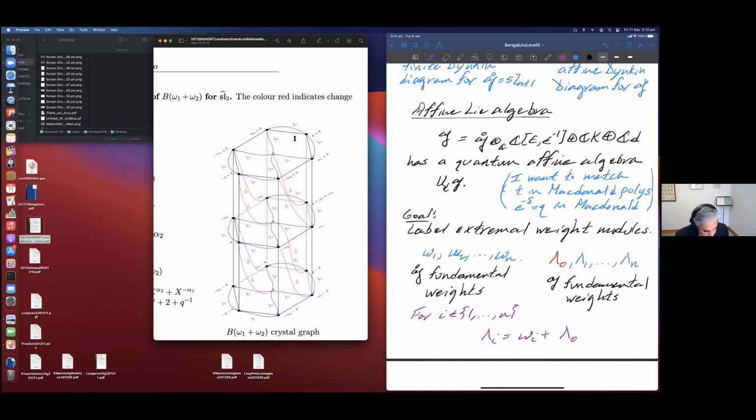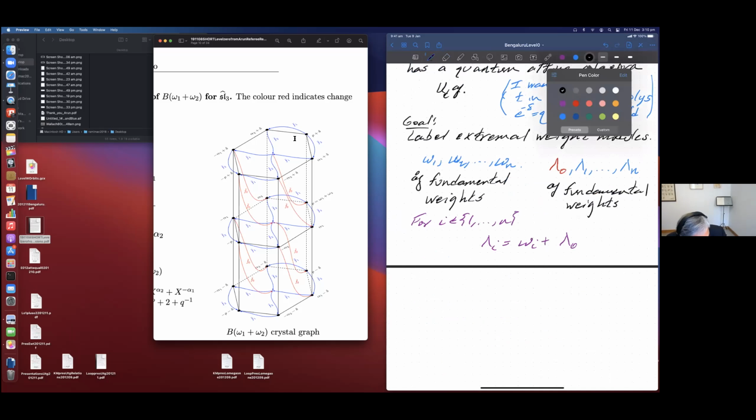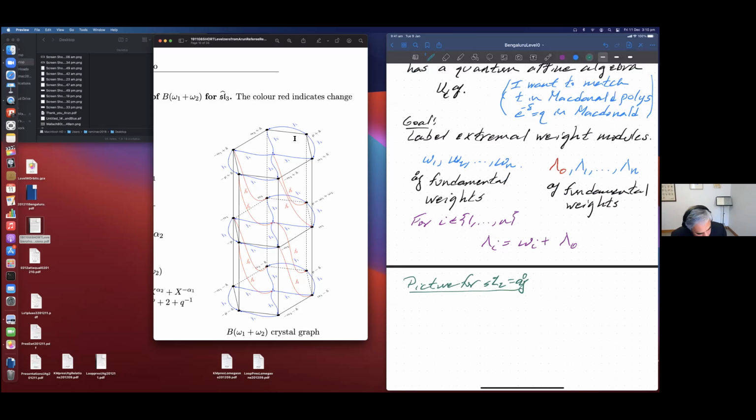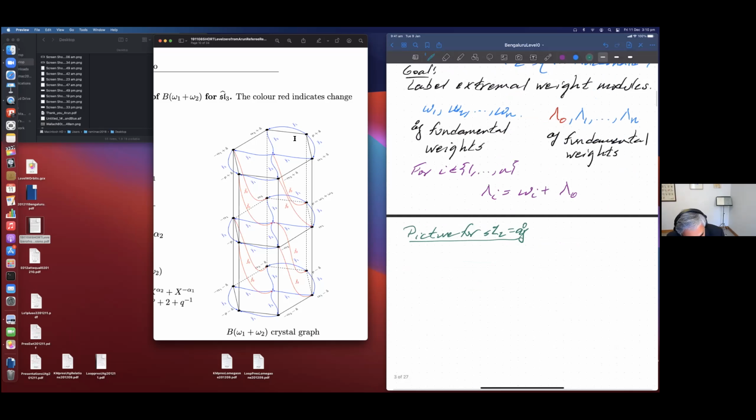Okay, so let me just draw the picture for SL2. So this is G0 for SL2. In that case, I have only one omega, omega 1.